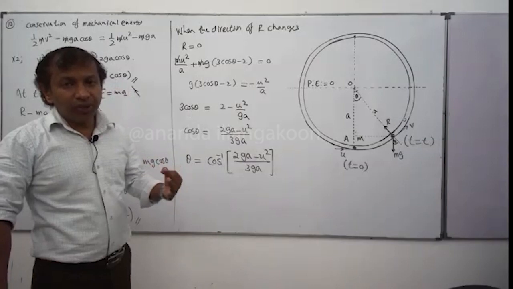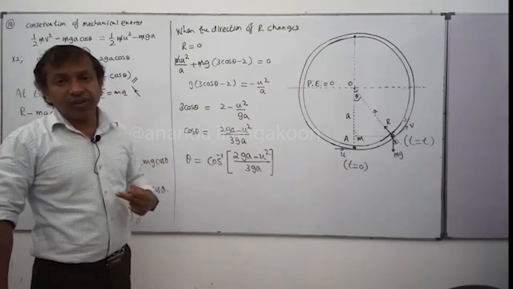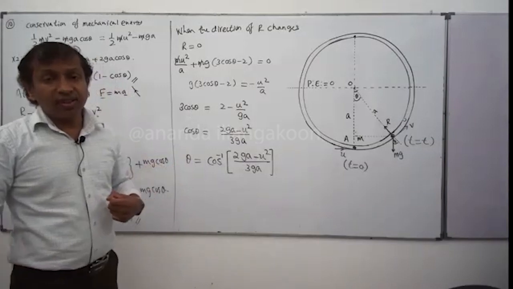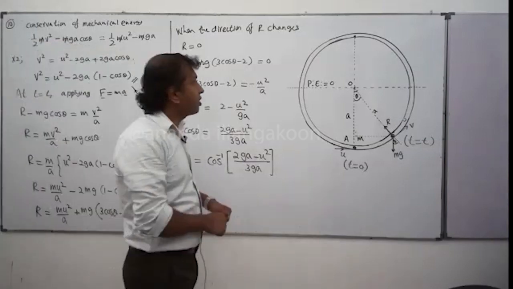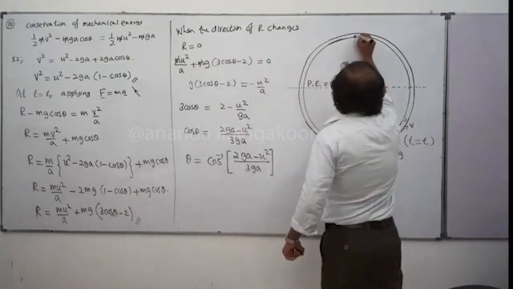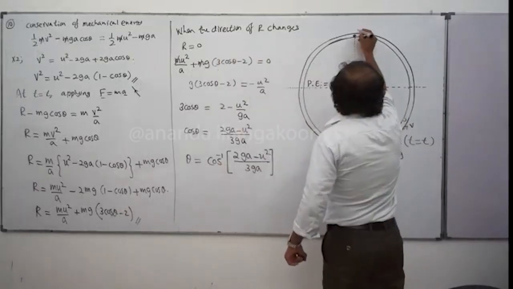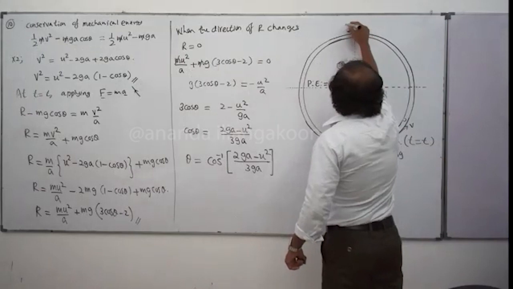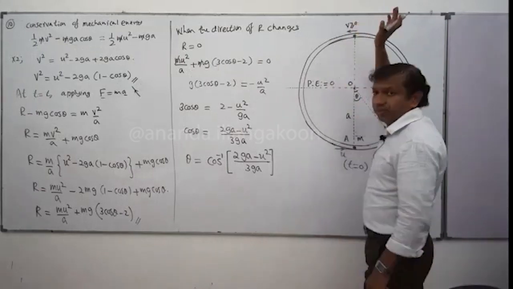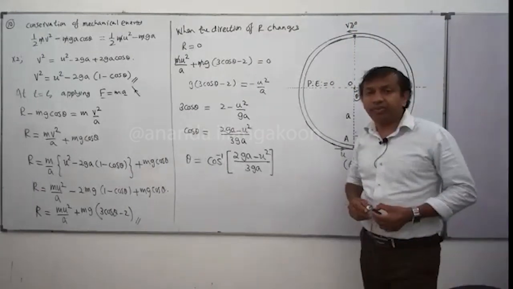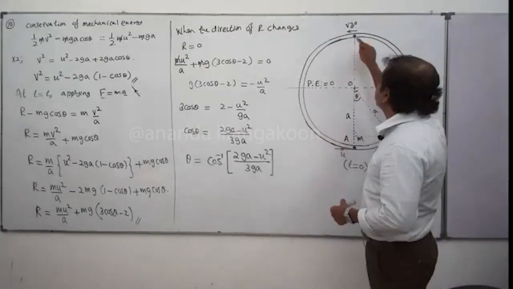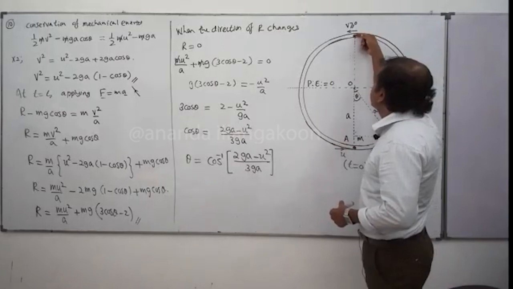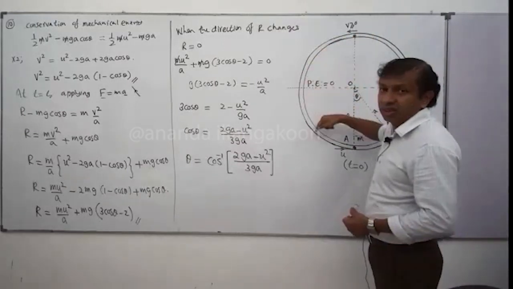So in this case, the condition required for the particle to move in a complete circle is that at the highest point, the particle should have a positive velocity or zero velocity. If the velocity is positive at the highest point, very easily the particle passes this point and moves in the complete circle.